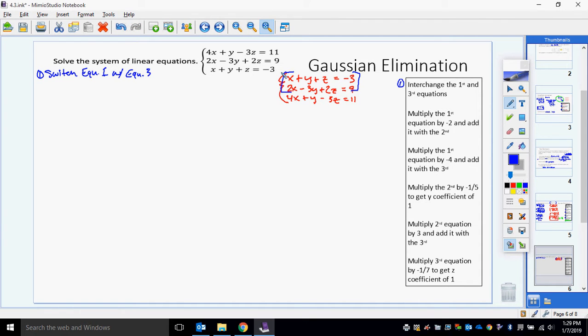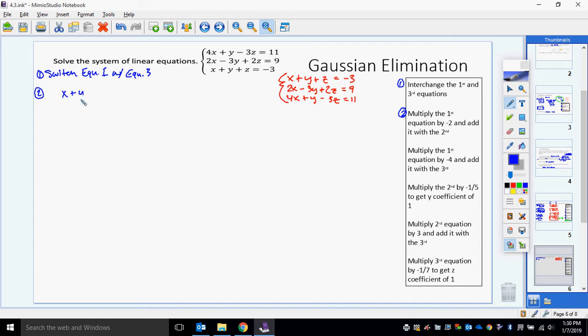We've done this before. We've taken a two row system and I've eliminated a variable. So I'm going to eliminate the x, but in order to do that, I need to multiply this top equation by a negative 2.